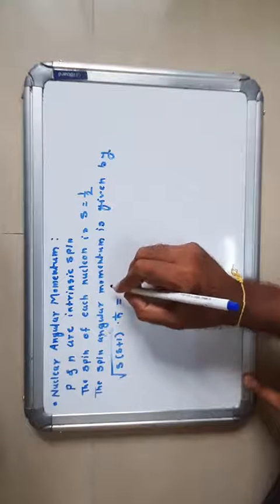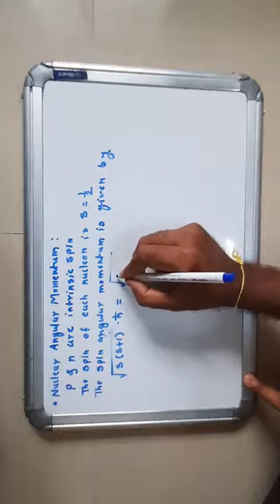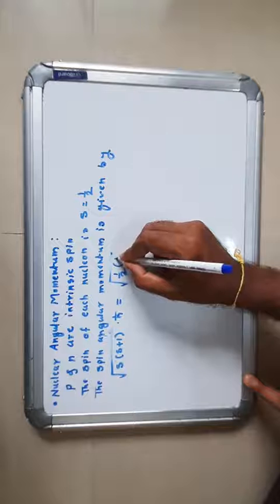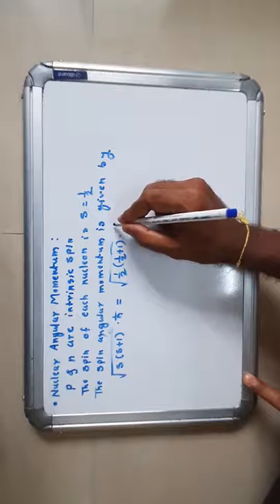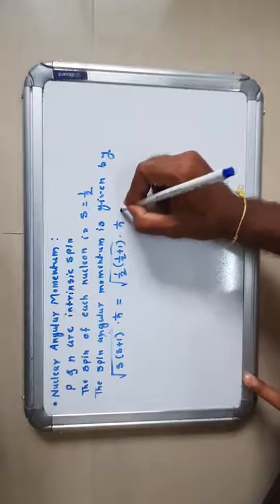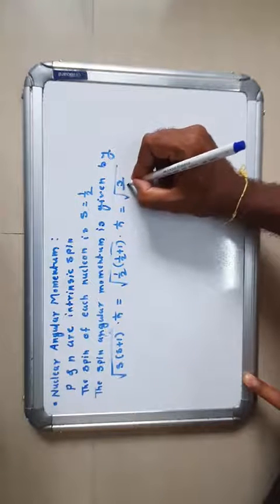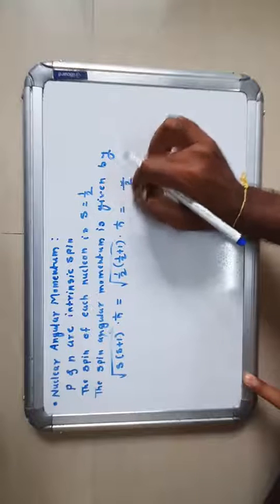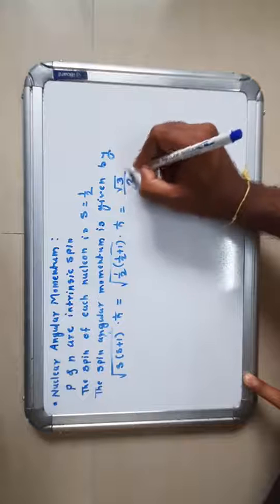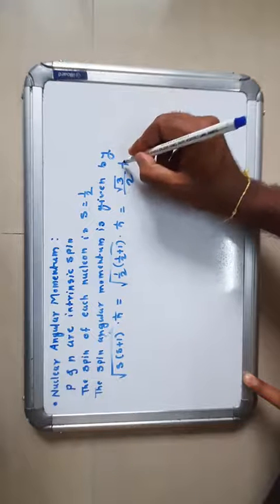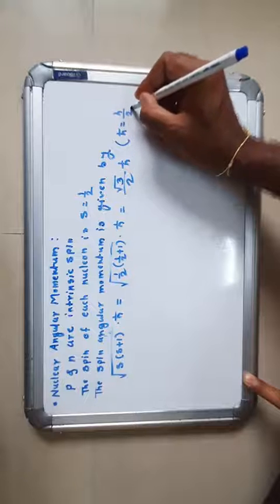Substituting the value S equal to half, that means half into half plus 1, into h cross. After solving this, it is under root 3 by 2 h cross, since here h cross is equal to h by 2.